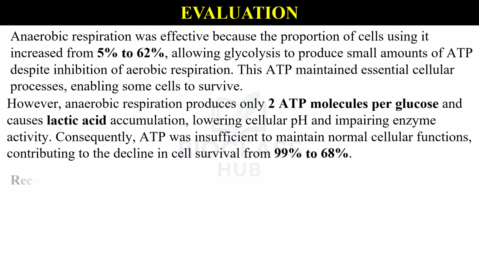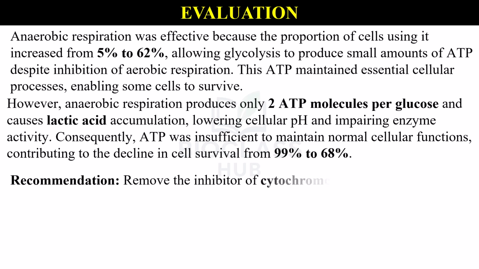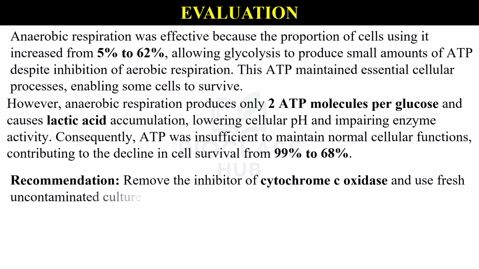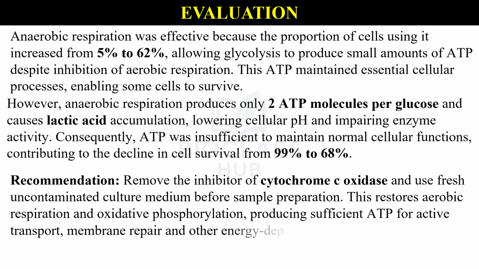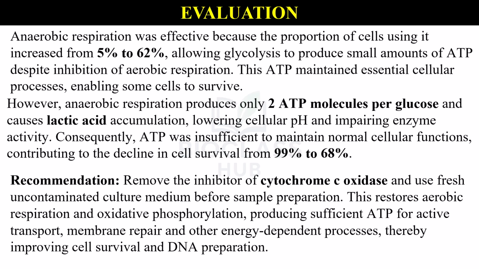Remove the inhibitor of cytochrome C oxidase and use fresh, uncontaminated culture medium before sample preparation. This restores aerobic respiration and oxidative phosphorylation, producing sufficient ATP for active transport, membrane repair, and other energy-dependent processes, thereby improving cell survival and DNA preparation.